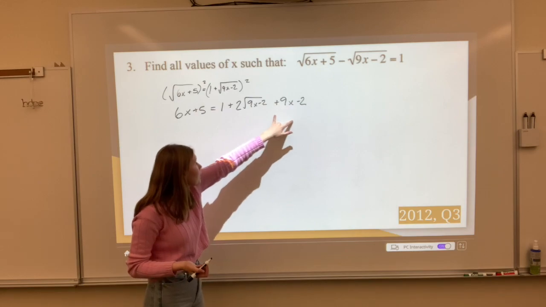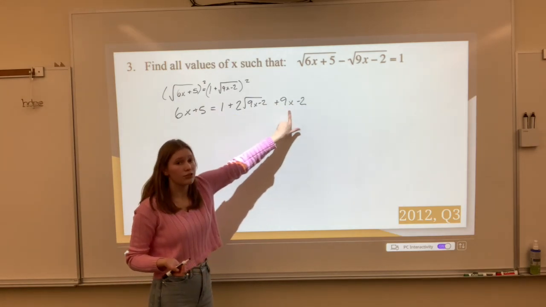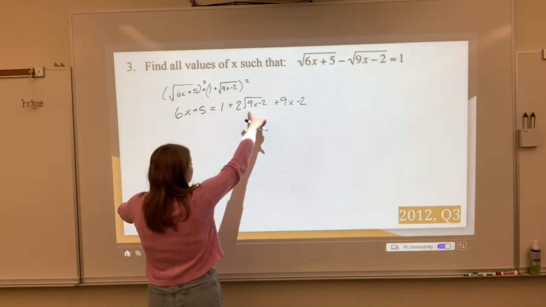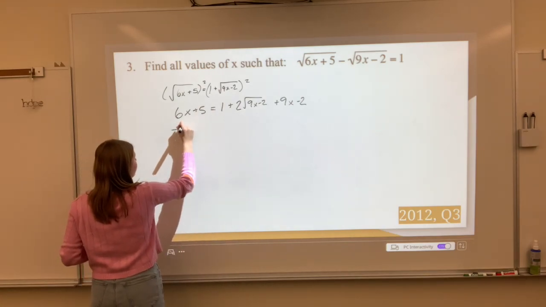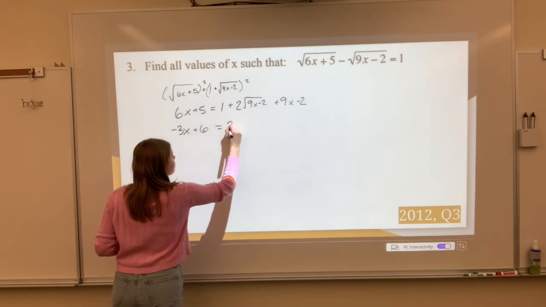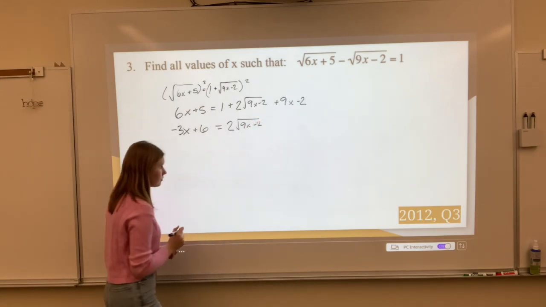So now let's simplify as much as we can. I'm gonna bring our x to the 0 terms and x to the first terms over to this side, and leave our 2 times the square root of 9x minus 2 over here. So that ends up being negative 3x plus 6 is equal to 2 times the square root of 9x minus 2.